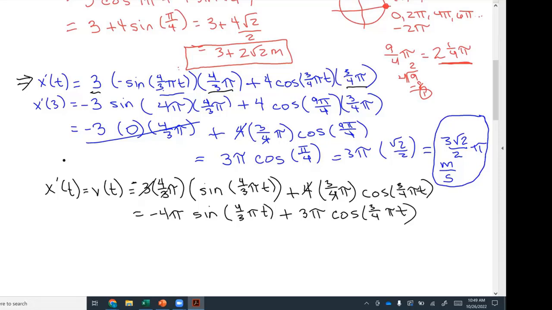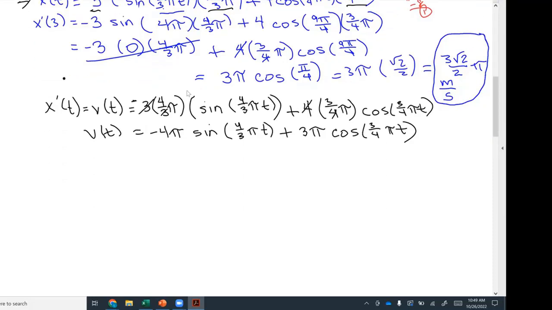And guess what? Now we have our first derivative, or our velocity function, in a little better state than it was in. And we're going to find our derivative of our velocity, which is our acceleration.